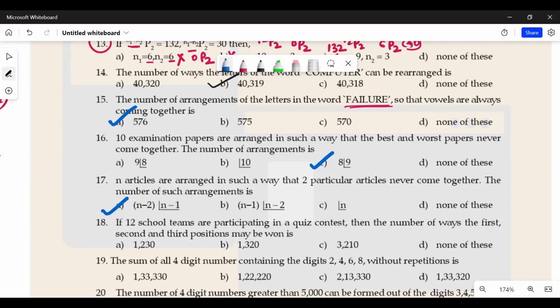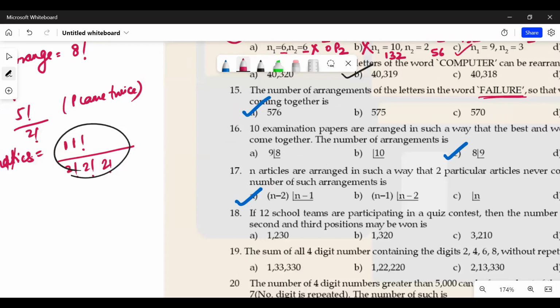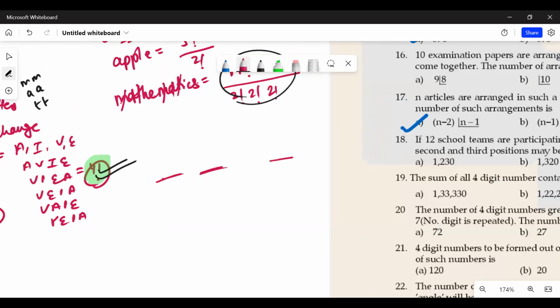Yes, sir. Okay. 18th one, if you see, 12 teams are there. Number of ways for the first prize. 3 prizes are there: first, second, third. Any of the 12 teams can get the first prize, but whoever got the first prize cannot get the second prize.